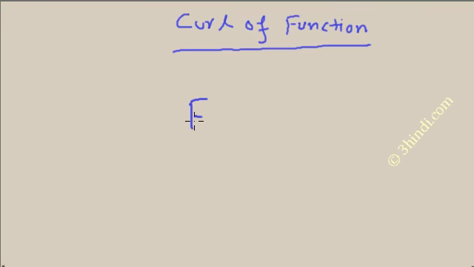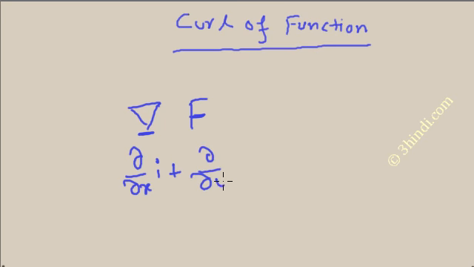Suppose f is a function field in vector form, and you want to multiply it with del. Del is a vector: del by del x i, del by del y j and del by del z k.